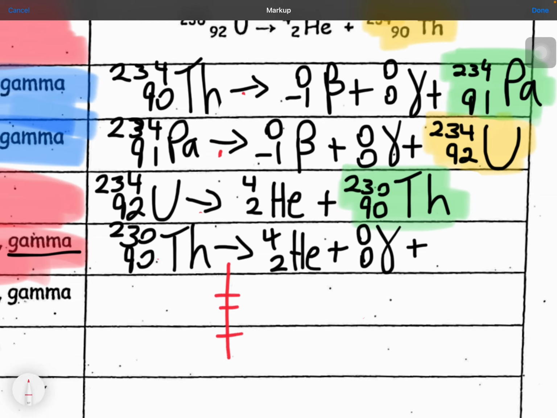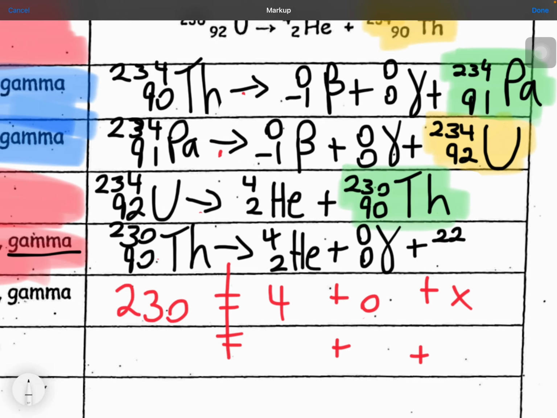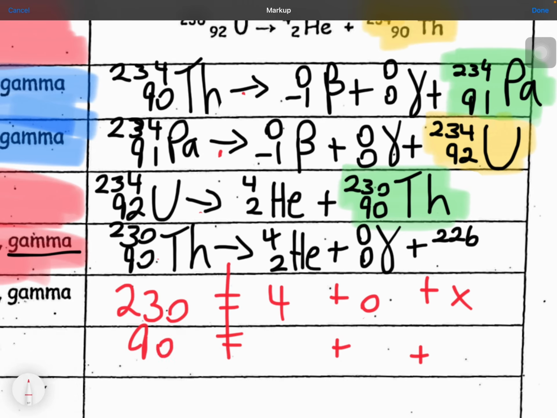So we bring down our equal and plus signs. So we have 230 is equal to 4 plus 0 plus x. What would x have to be equal to? X would have to be equal to 226. And then we have our atomic number, so that would be 90 is equal to 2 plus 0 plus x.